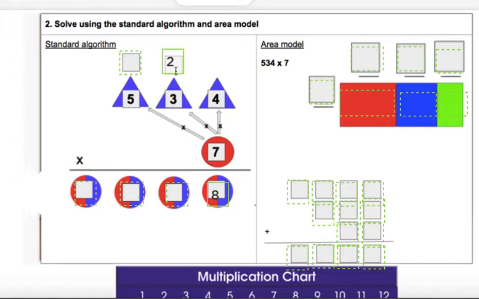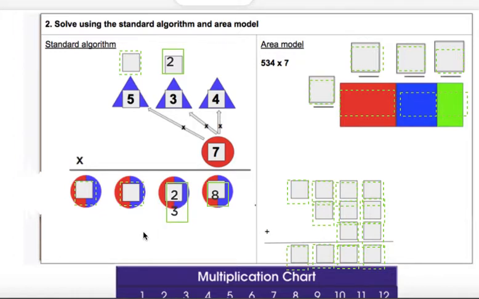Yeah, 2 is on top, so we have to include that in our answer. So it's not 21, it's 21 plus 2 more. What is it? 21 plus 2. Good. 23.